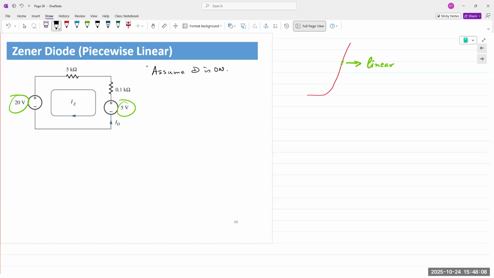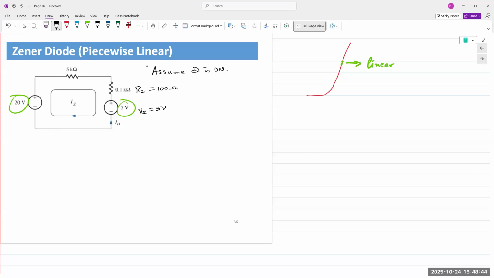If the diode is on, then it drops a voltage of 5 volts. It has a resistance RZ of 100 ohms. So VZ is 5 volts, RZ is 100 ohms. And that's it. We apply our circuit analysis techniques, Ohm's law, KVL, KCL, and we find the current through the circuit. If the current is greater than 0, it's positive, then our assumption is valid. If it's less than 0, then our assumption is incorrect.